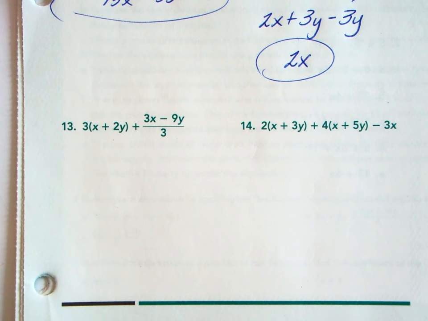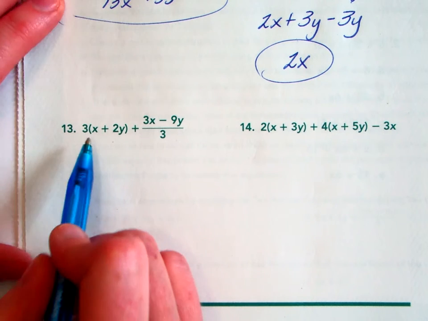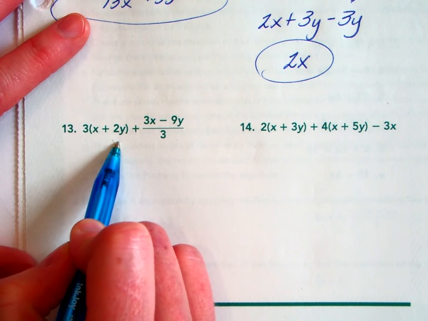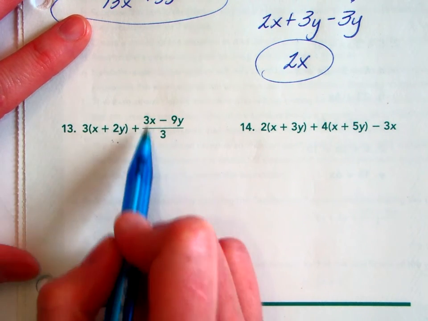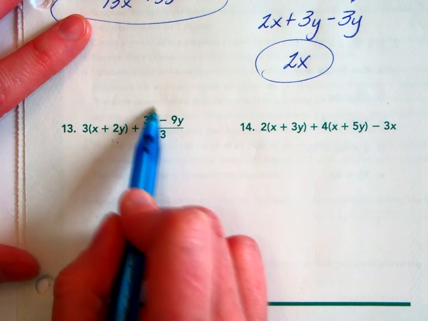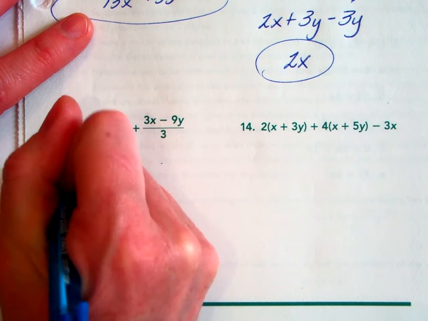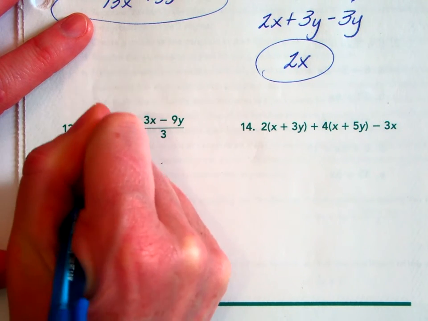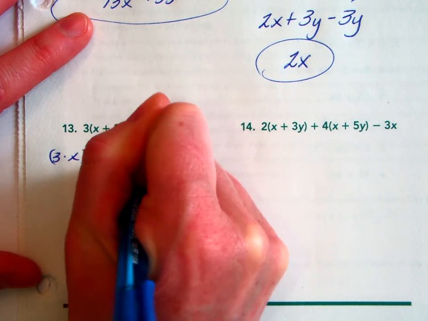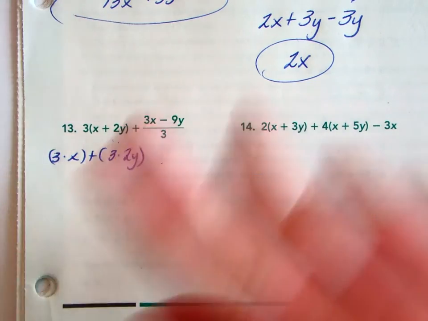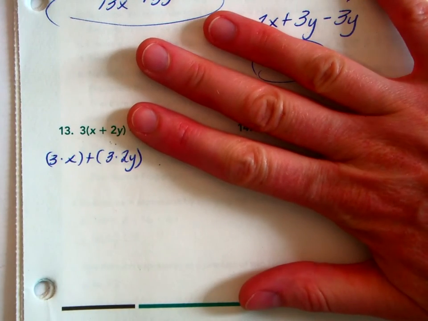This one is combining 2 skills. First, distributing across multiplication, and then secondly, the distribution that is required in a division setup. So here we're going to take care of this first half here. We're going to do 3 times x plus 3 times 2y. That is what's required for that front half.